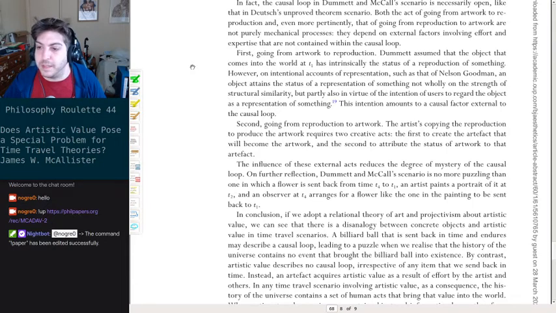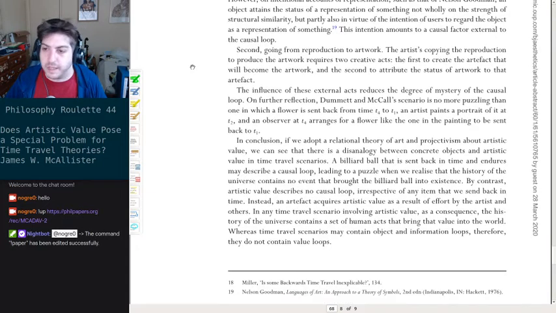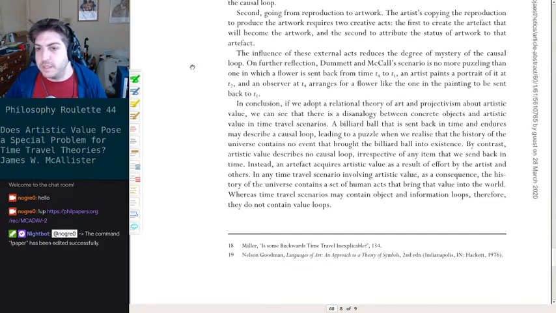This intention amounts to a causal factor external to the causal loop. Second, going from reproduction to artwork. The artist copying the reproduction to produce the artwork requires two creative acts. The first, to create the artifact that will become the artwork, and the second, to attribute the status of artwork to the artifact. The influence of these external acts reduces the degree of mystery of the causal loop.